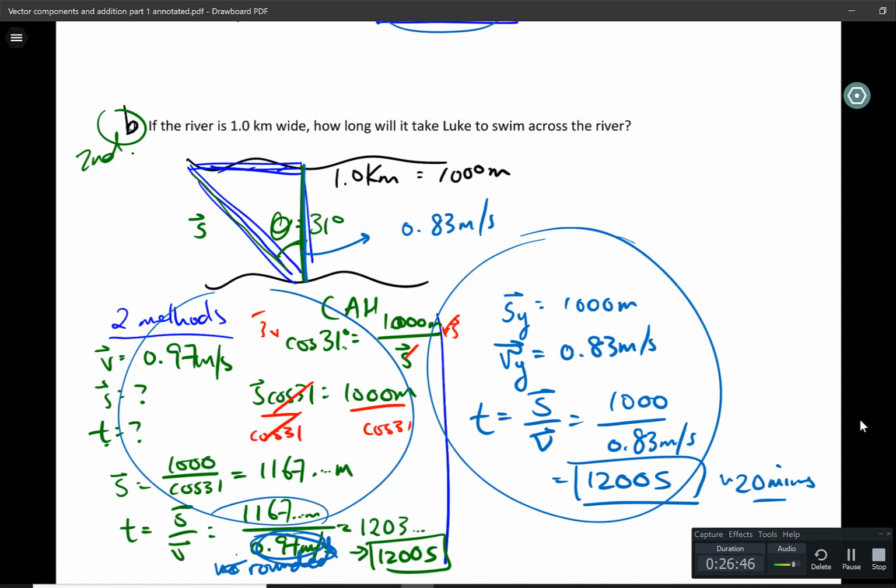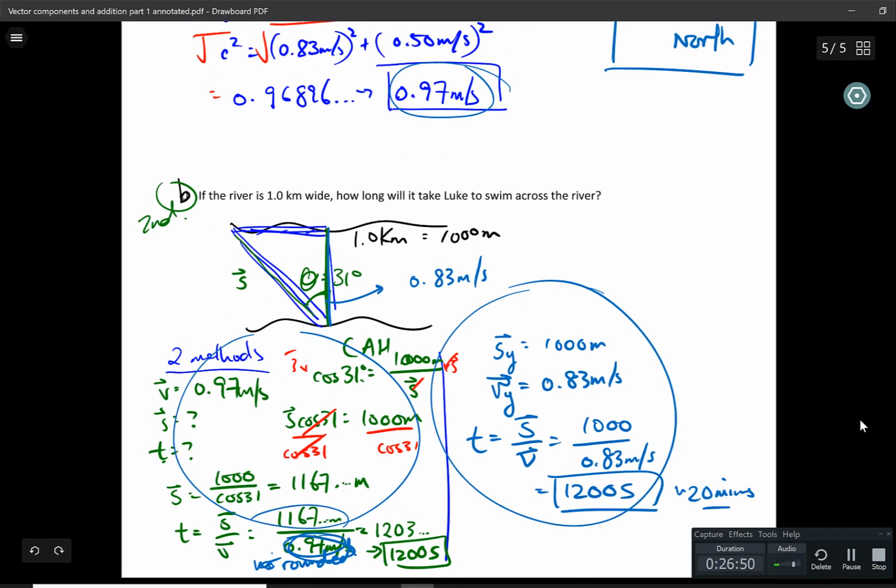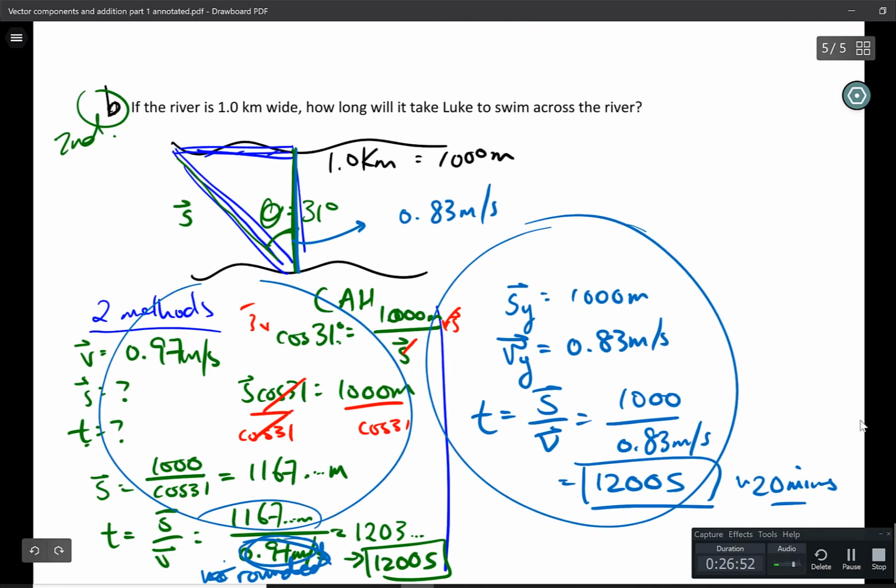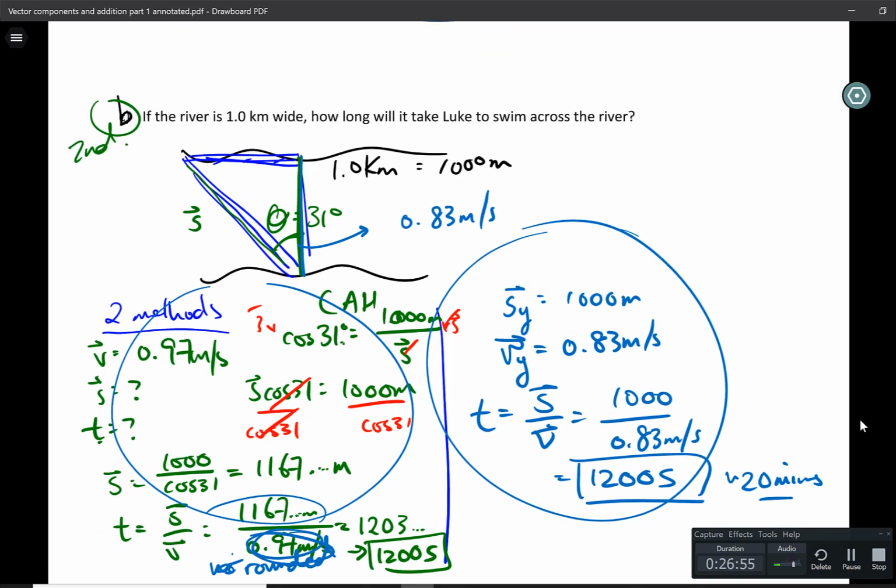Okay, so here is question B, and an extension to problem A, which also reminds me, if you want to challenge yourself with this Luke problem, you can also ask yourself this question here. Assuming Luke remained on this trajectory and was also affected by the current, how far downstream would he have gone after he reaches the other side?